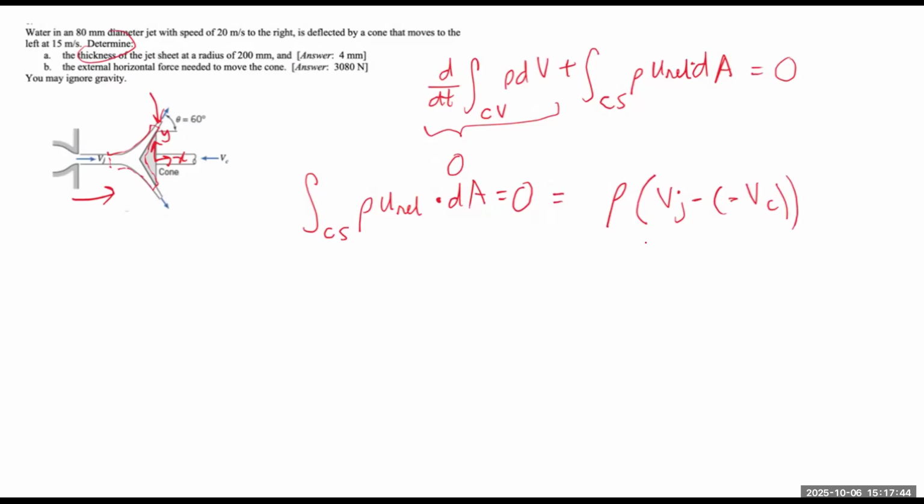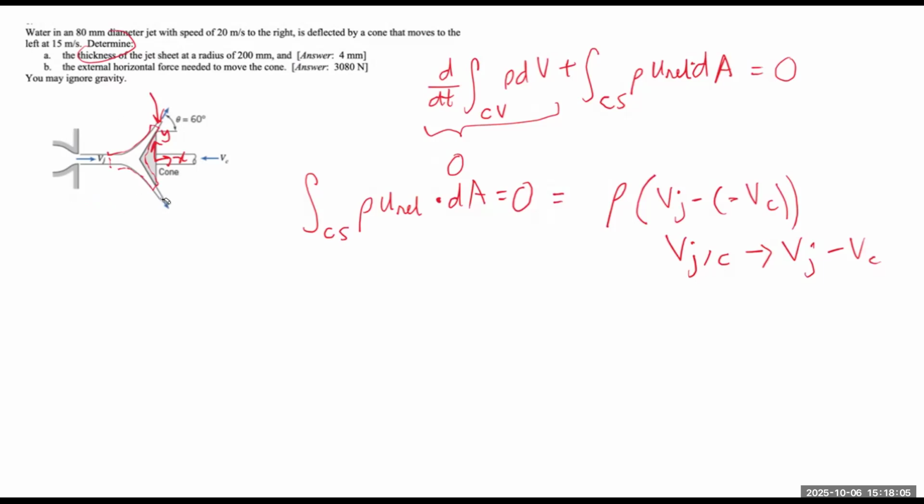Let's call it Vj relative to c. Vj relative to c is equal to Vj minus Vc, but since Vc is negative, since it's pointing to the left, we have negative negative, which is positive.